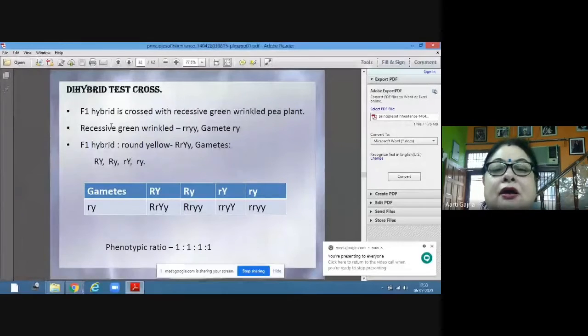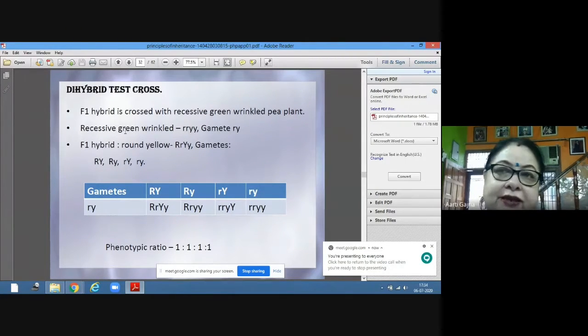Now what he did was he took the round and yellow. Round is dominant over wrinkle and yellow is dominant over green. So he took two traits.